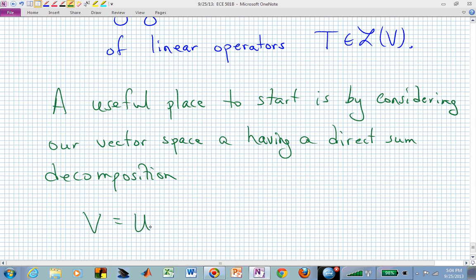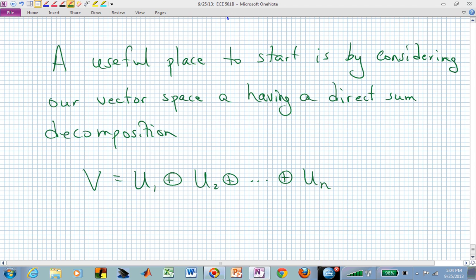Meaning V might be a bunch of subspaces parameterized by the U's. U1, U2, up to U sub n. What does that mean?